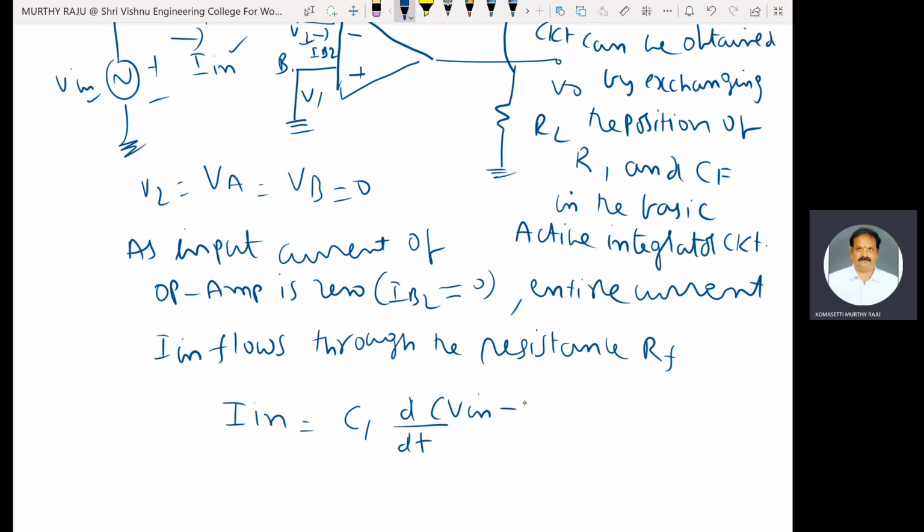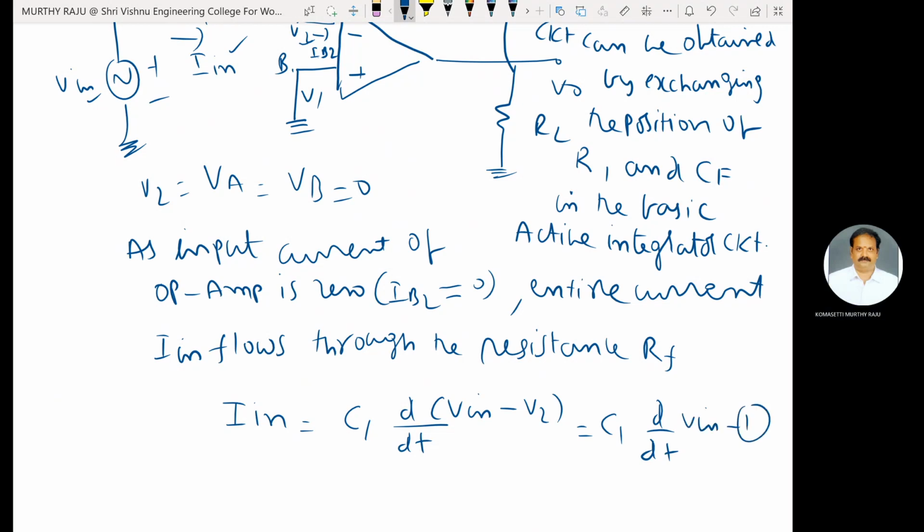V2 is equal to 0 because the B terminal is connected to ground. According to the virtual ground concept, V1 is equal to V2 is equal to 0. So Iin is equal to C1 d by dt Vin. This is equation 1.